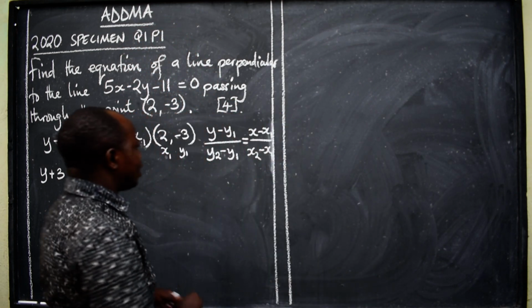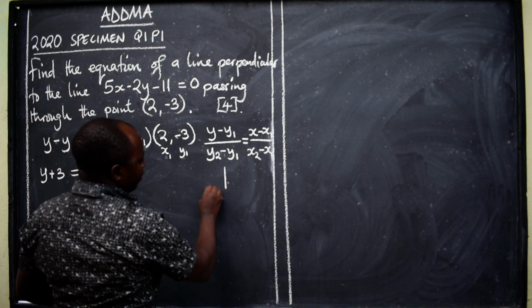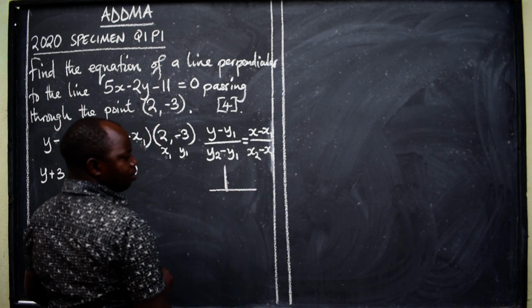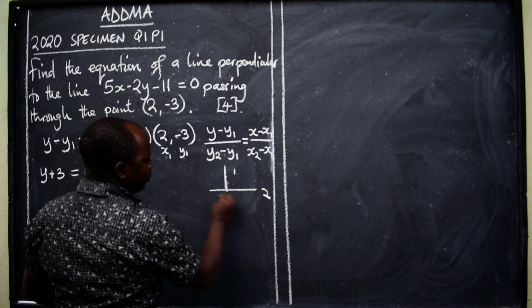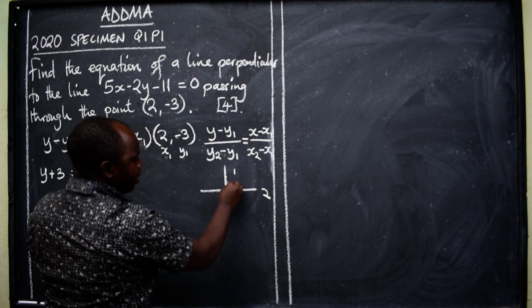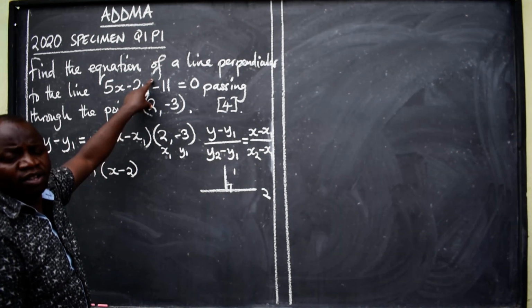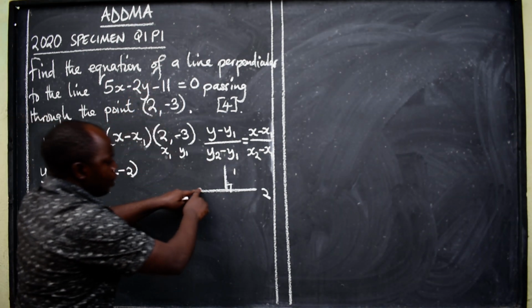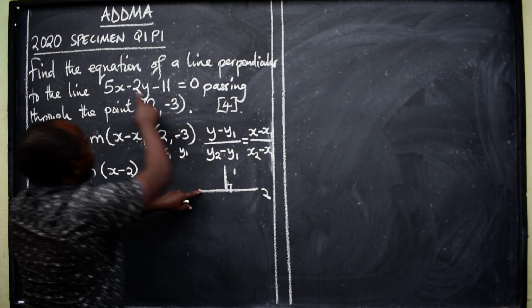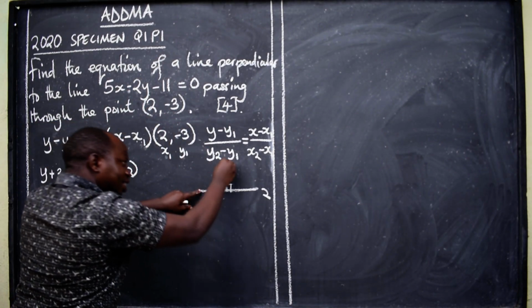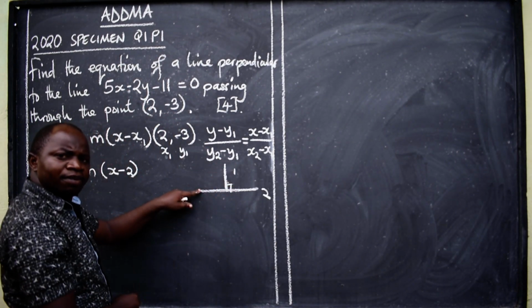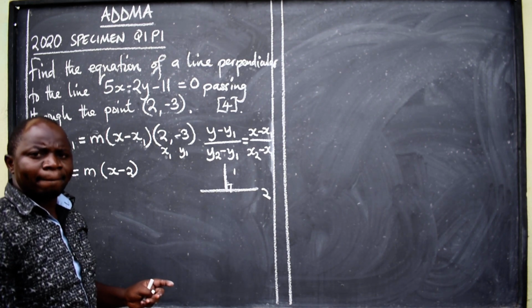This is equation 1, this is equation 2. They should be perpendicular, meaning they are making a 90 degree angle. That is what they are talking about here. So we have this equation, and now we want this equation. That is what they want.